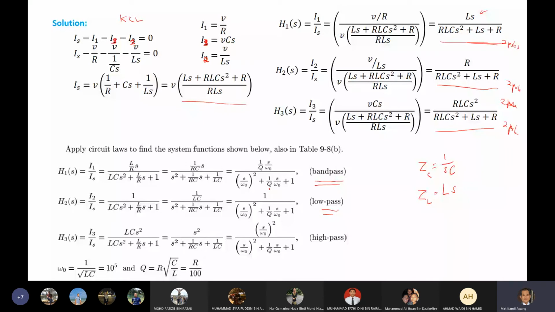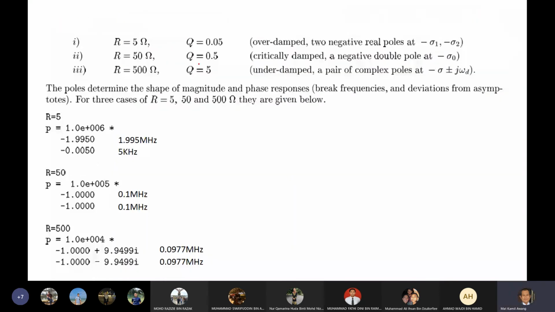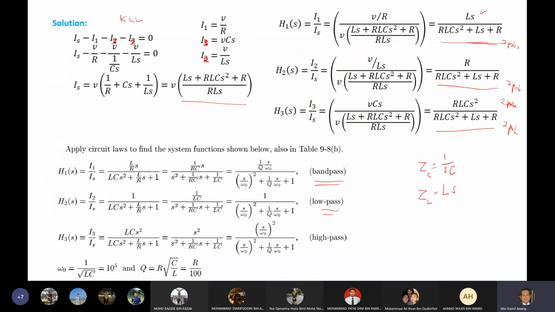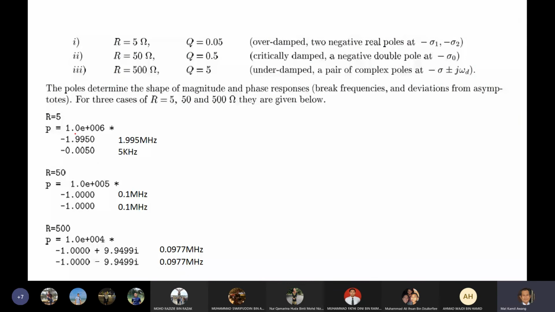Now if you want to draw this, given this R value, you can plug the value into this equation and solve for S. So you get this.